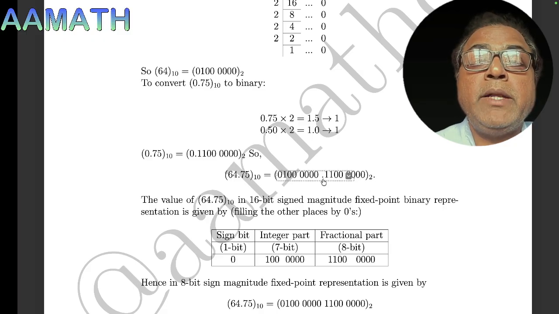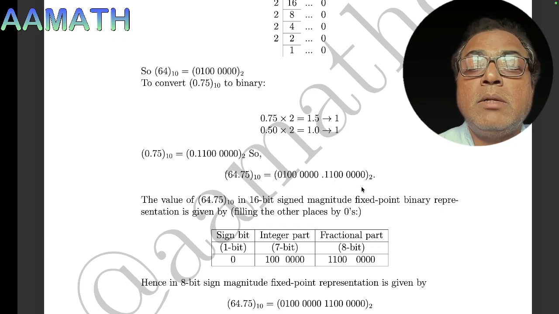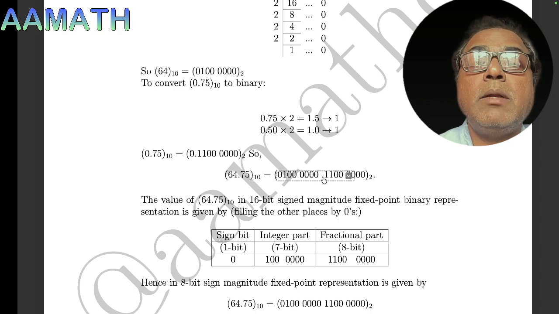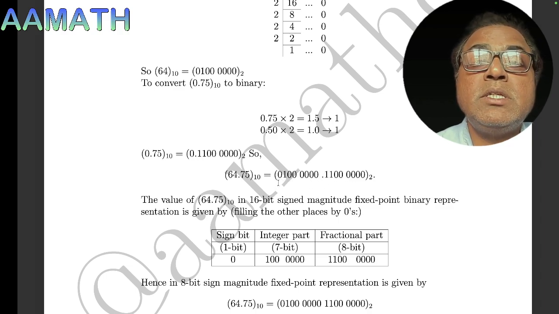And this is the binary point. The right part has 8 bits, and the left part of this binary point is 8 bits, of which the leftmost bit, the most significant bit, MSB, is 0. So this is a positive number.